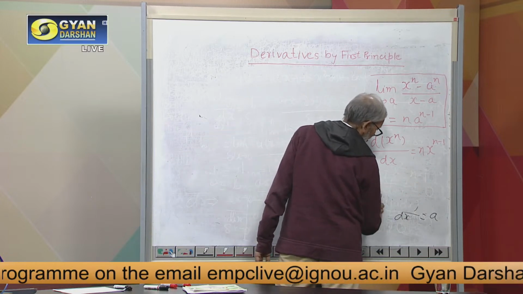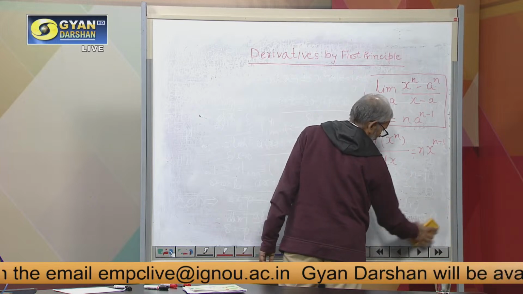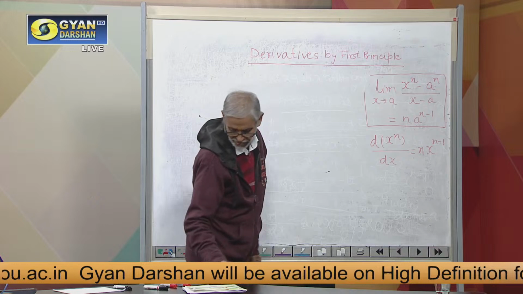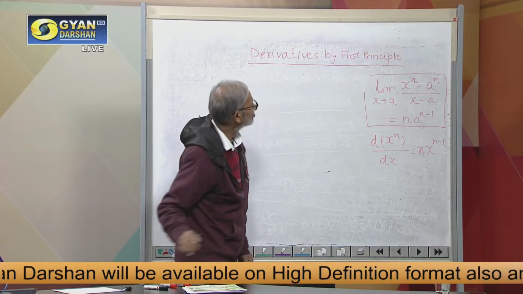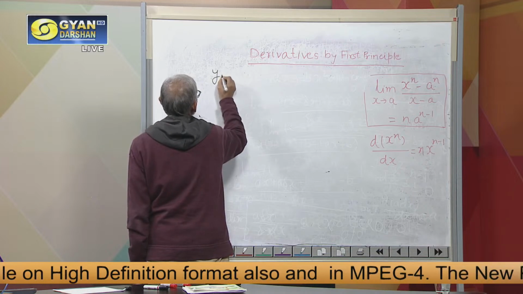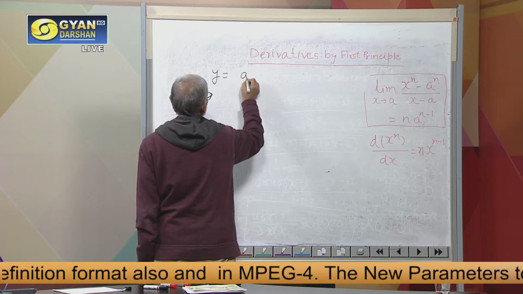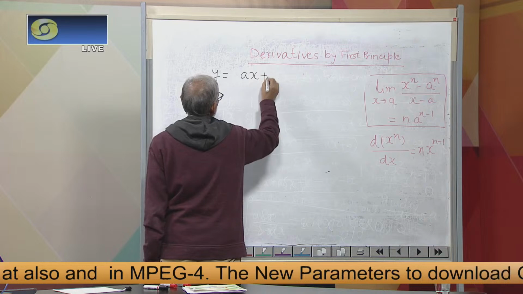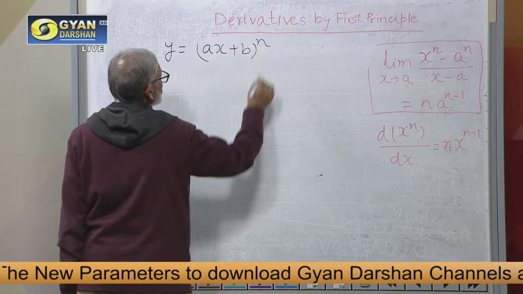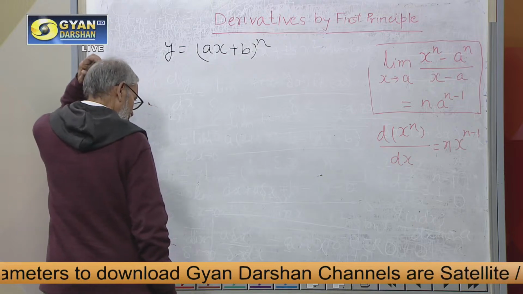Now, similarly, you can find out, suppose your function is y is equal to (a x plus b) to the power n.